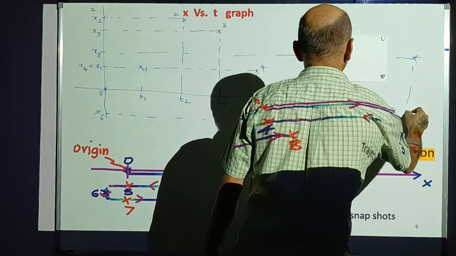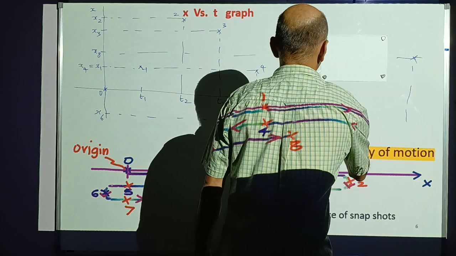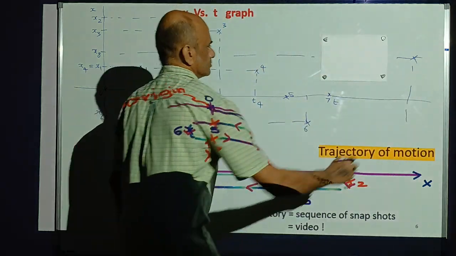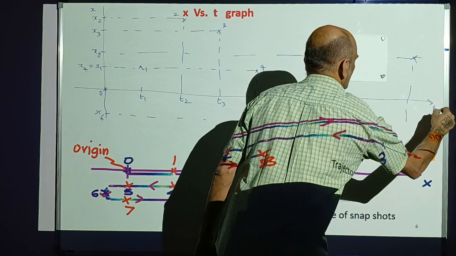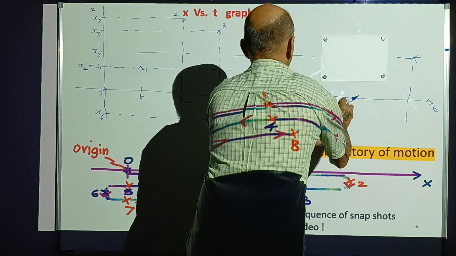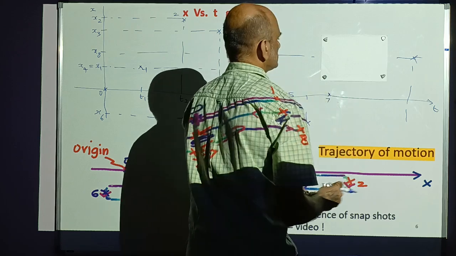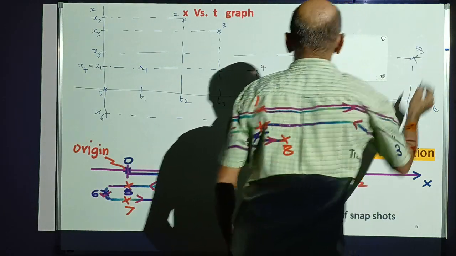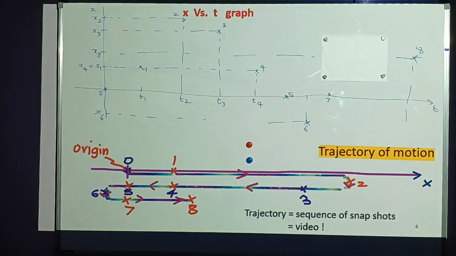So let this be t8. The time axis is this one. So if I join these points, I'll get the x versus t graph.